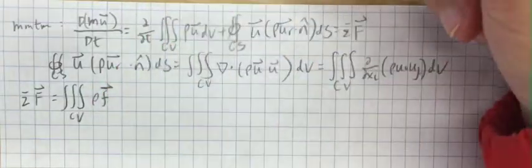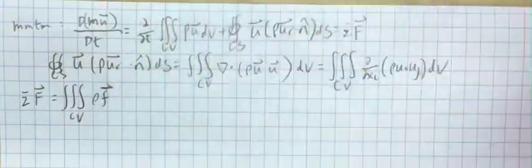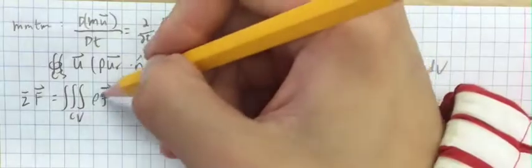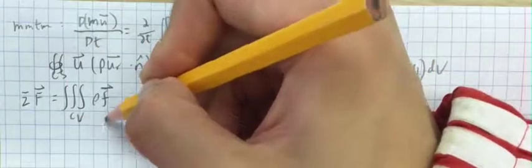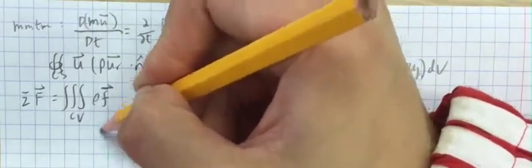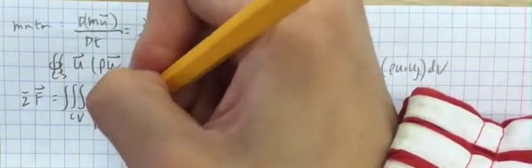If the body force is just gravity, then the F here can be represented as the gravity acceleration g dV. This is called the body force.